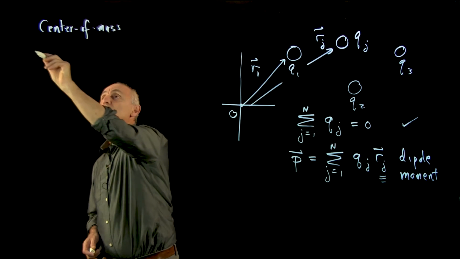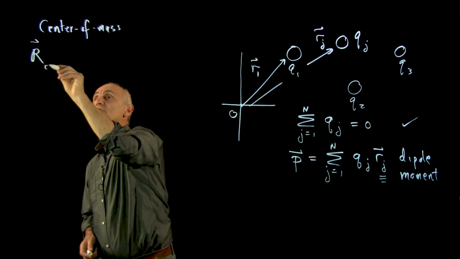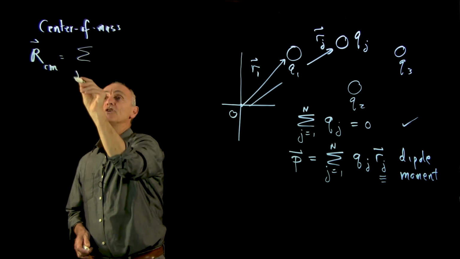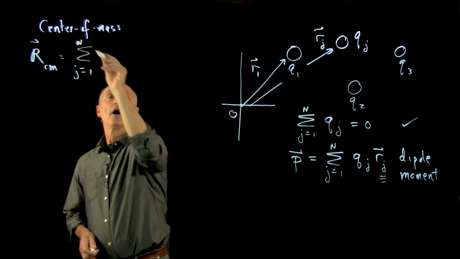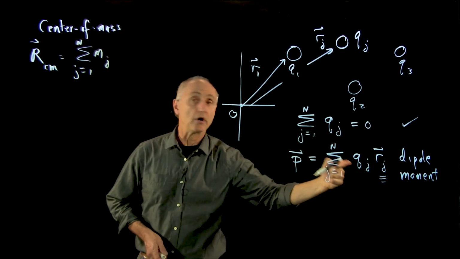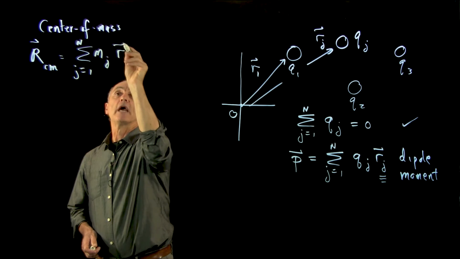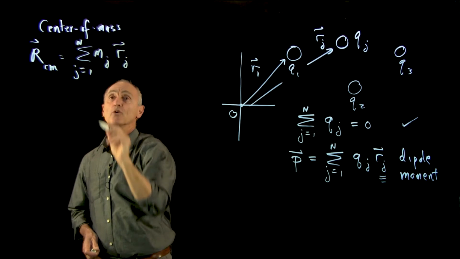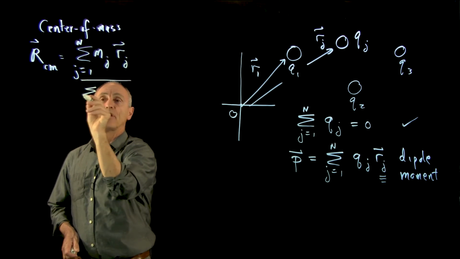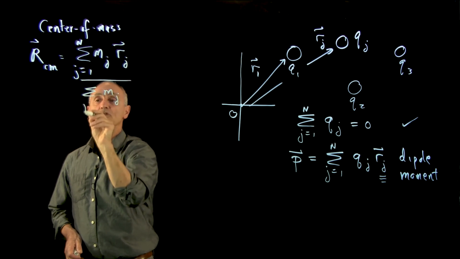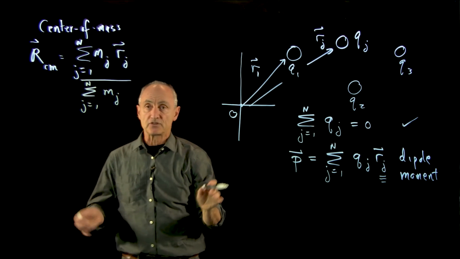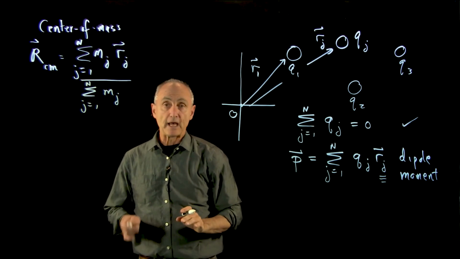When we define the center of mass vector, RCM, with respect to some origin, it was the sum j goes from 1 to n of a physical quantity, mass mj, notice, not charge, times the location of that mass with respect to our choice of origin. Now, we divided it by the sum of the masses, j goes from 1 to n. And this defined the center of mass of a distribution of masses.